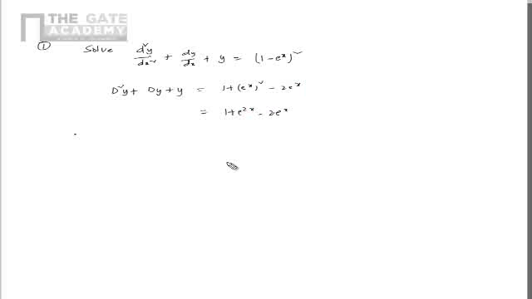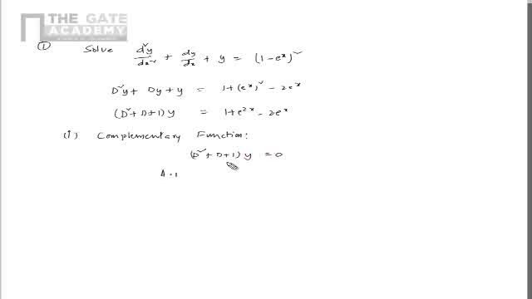Now the first step is the complementary function. For the complementary function, take only the homogeneous part and set it equal to 0.